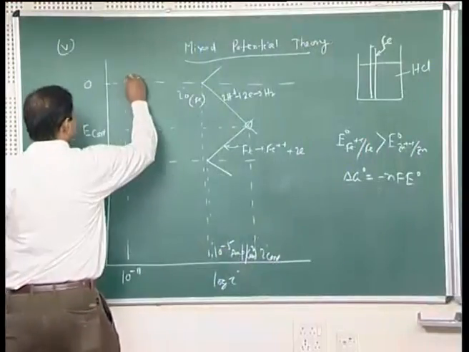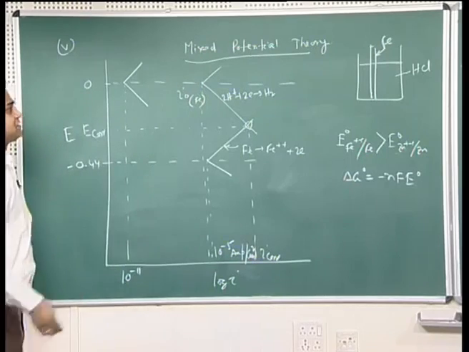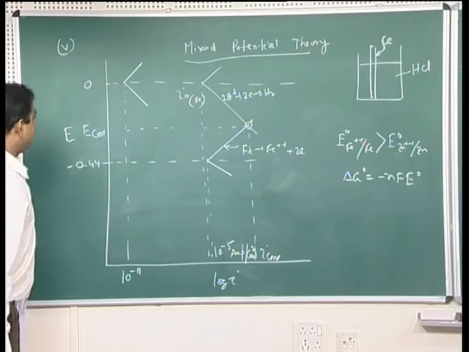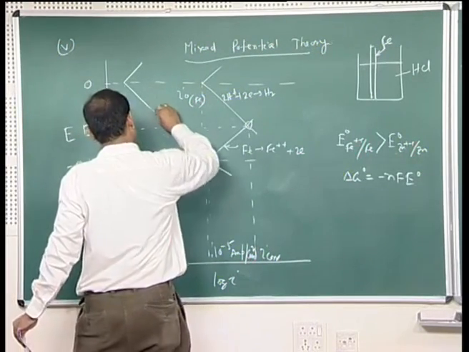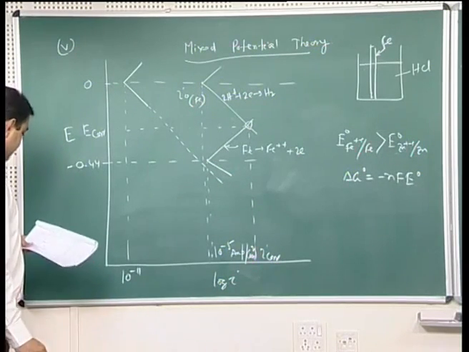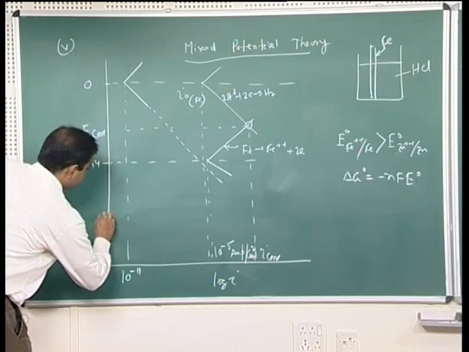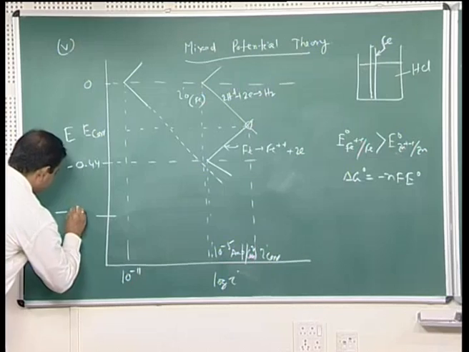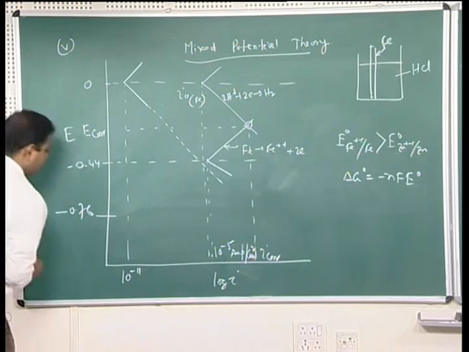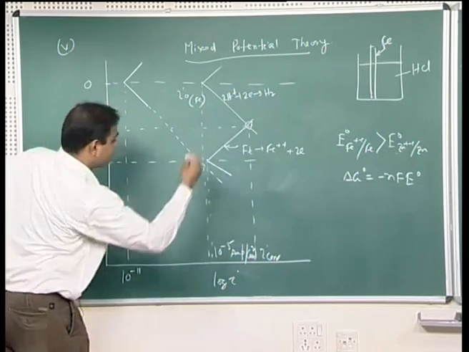So, this is again this one, and this would be parallel because it is the same reaction, and if you extend this, let me extend this, okay, and then let me see where would my minus 0.76 volt for zinc reaction be, and in that case my value is 10 to the minus 7.